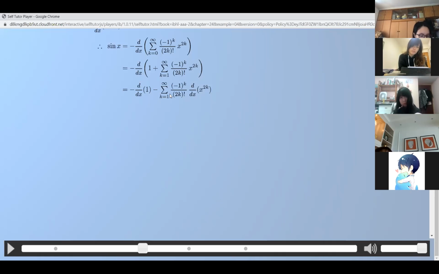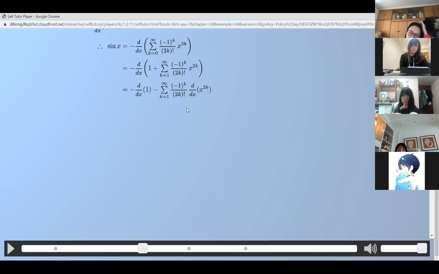Derivative of sum of terms is the same as the sum of individual derivatives. That's what has happened here. So derivative of this sigma is actually the sigma of the derivatives. And we all know that this is a constant, right? So usually constant is separated while the derivative is going on.